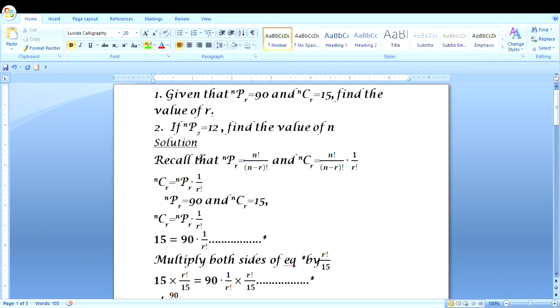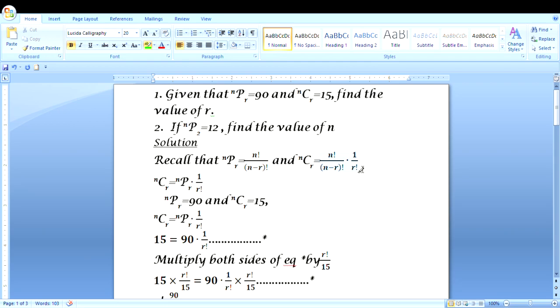Now, for the first question, we recall that nPr is equal to n factorial divided by (n minus r) factorial, and nCr is equal to n factorial divided by (n minus r) factorial times 1 over r factorial.